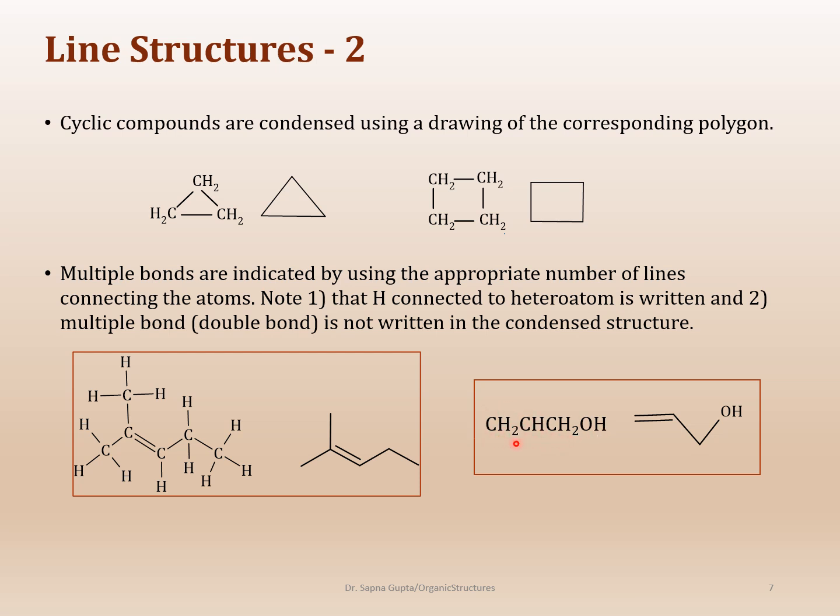But here this carbon doesn't have the proper number of hydrogens to have the 4 bonds. If it doesn't have the proper number of hydrogens or atoms to show the 4 bonds, then you have to show the double bond. Let me show you what I mean by that. If you look at this carbon, technically speaking, if you have a carbon in the middle like this one, see it has 2 hydrogens.